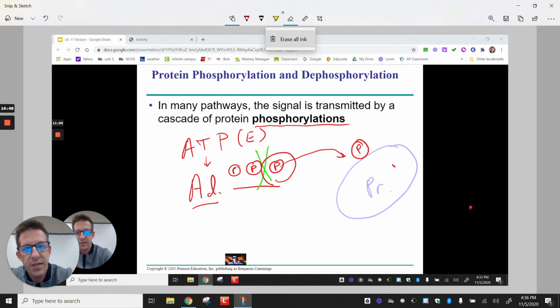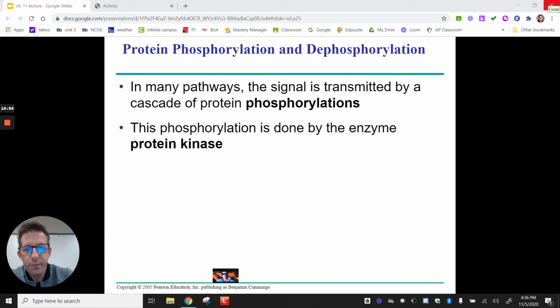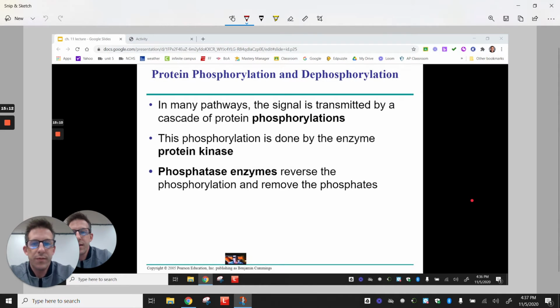Let me go ahead and erase all ink here, and advance the slide one more. It gets its help from protein kinase. Now, in this process of protein activation, protein kinase is kind of like an on switch. And I'm going to go ahead and use green.